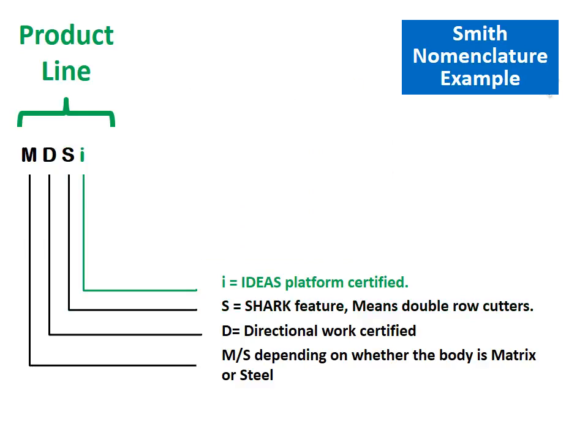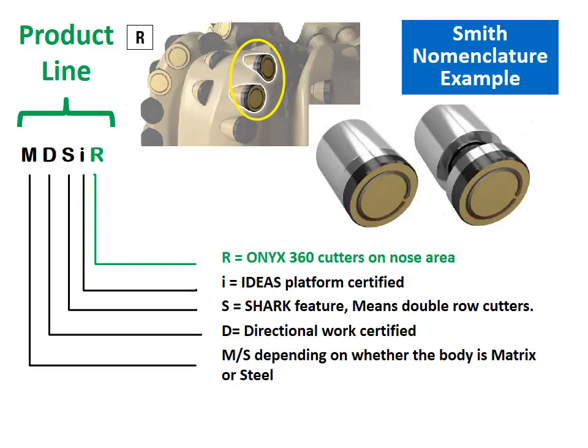This I letter in the fourth position is very characteristic of Smith bits, and we'll never see it in other service companies. It simply means that the bit is IDEAS platform certified, or it passed the Smith design software. The letter in the fifth position represents the Onyx 360 cutters on the nose area.